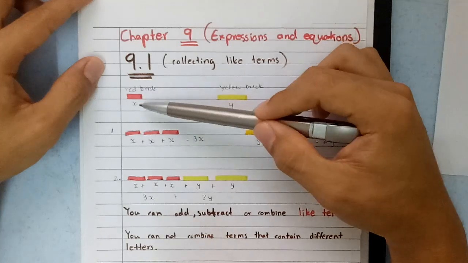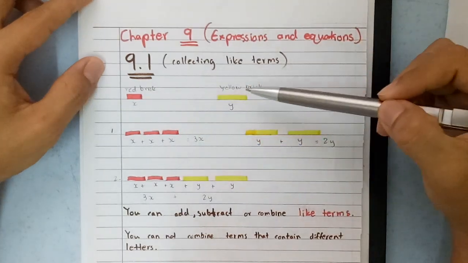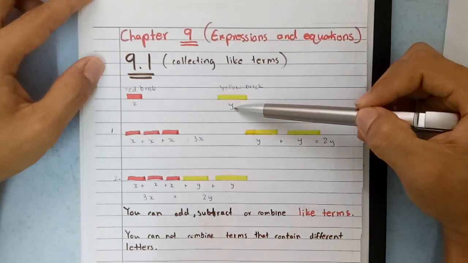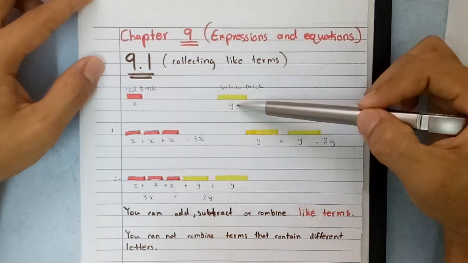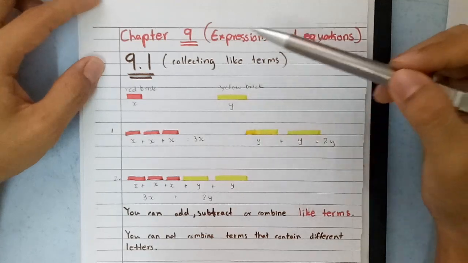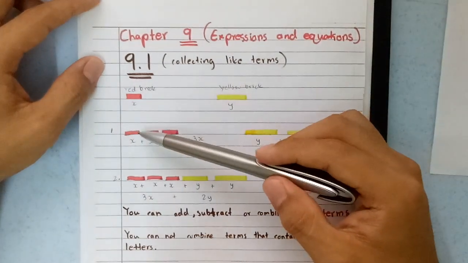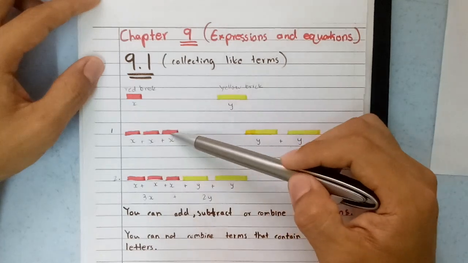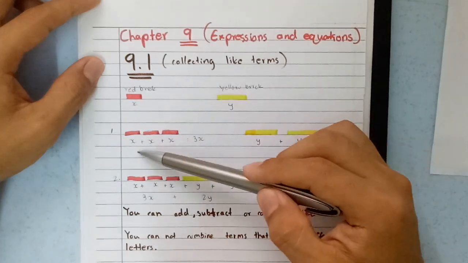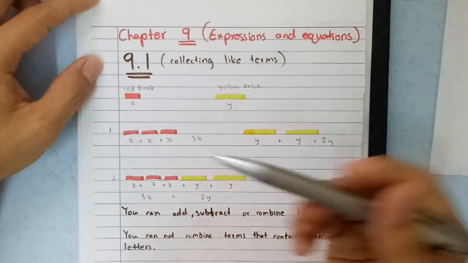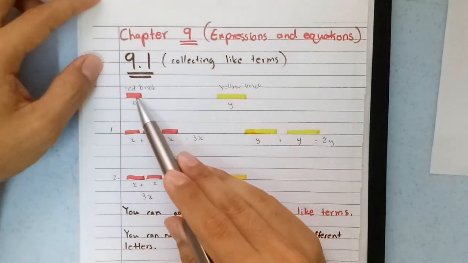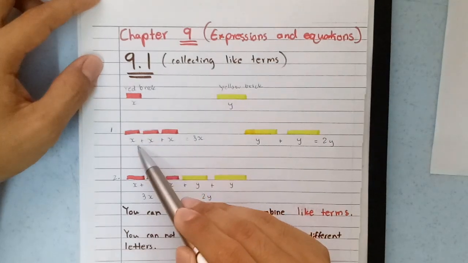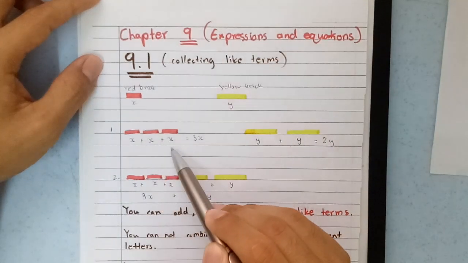For red brick I put X, for yellow brick I put Y. So I have two letters, X and Y. For the first question, if there are 3 red bricks, there will be 3X, because 1 red brick equals 1X. So 3 red bricks means I have 3X.